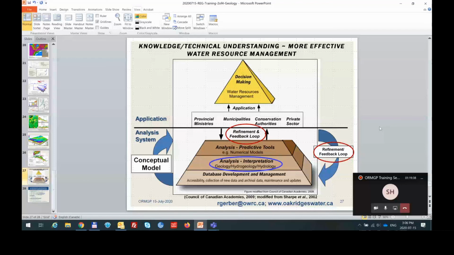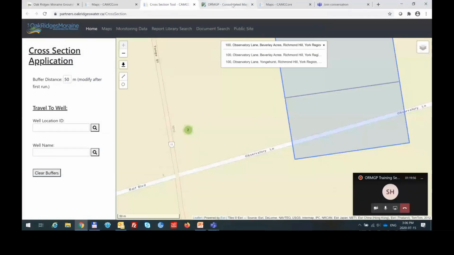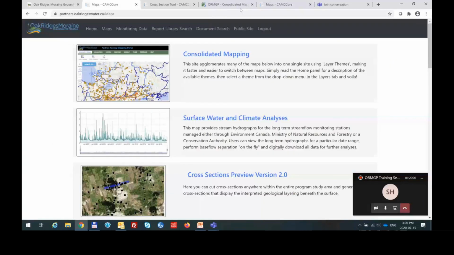So Rick, there's another question here about the distribution of the Oak Ridges Moraine Formation that is shown on the geology layer. So I'm assuming that's the superficial geology layer, and it doesn't match the actual distribution in the region. Can you explain? So I'm guessing that that's maybe tied to the distribution of the Oak Ridges Moraine sediments versus the superficial geology, I think, is that one.